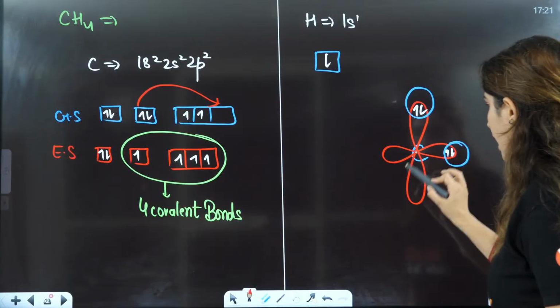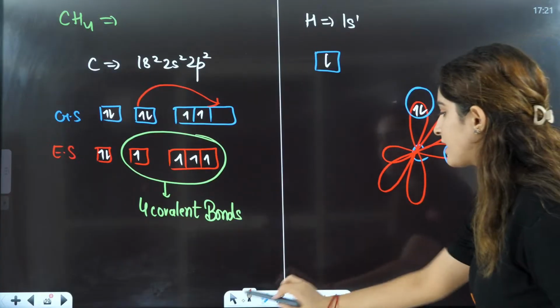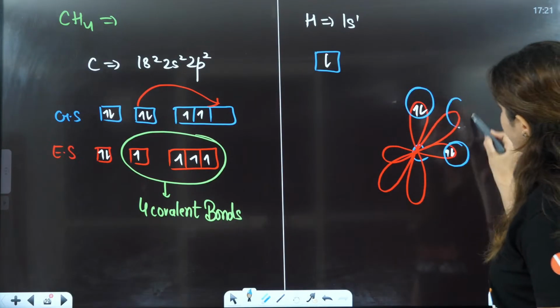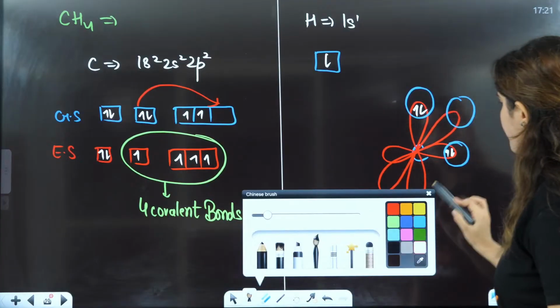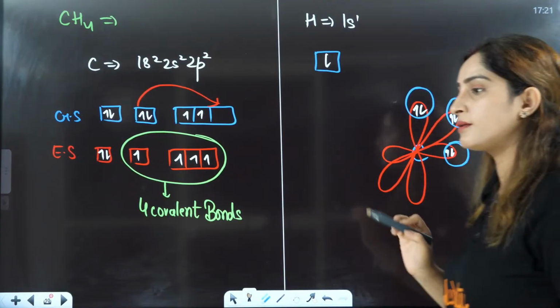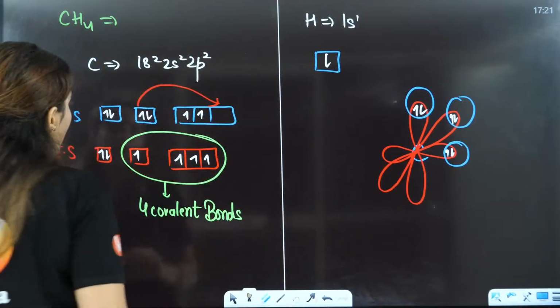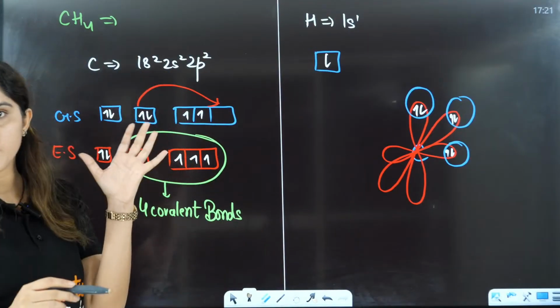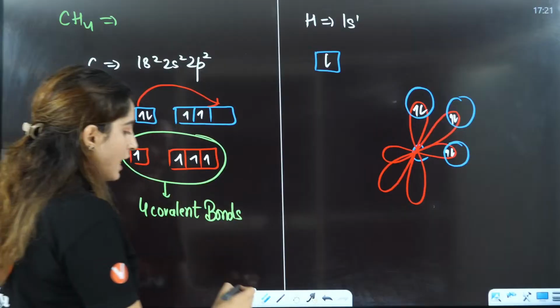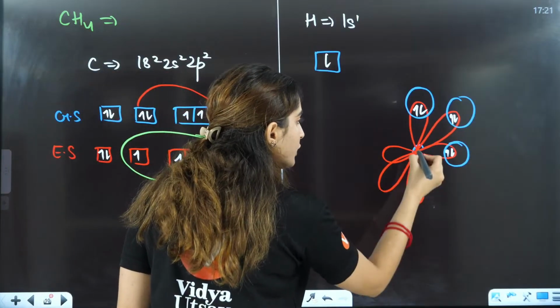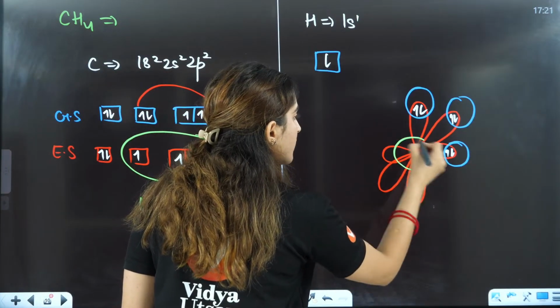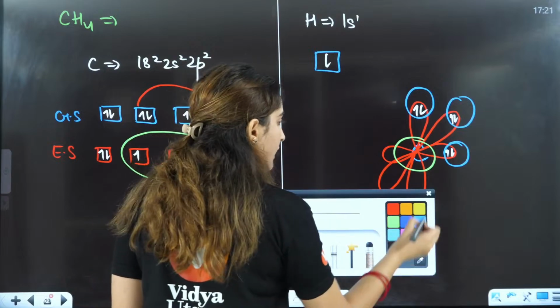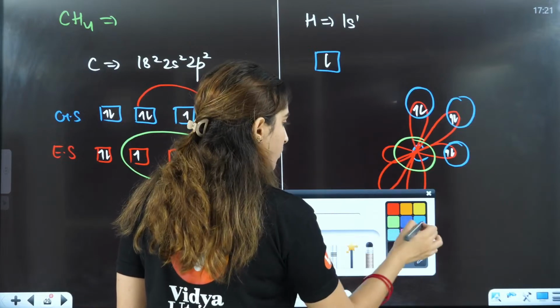Now let's say you have pz. Now this is overlapping with another orbital of hydrogen and it is making the third bond. Now till now I have made 3 bonds of p. I am left with the s orbital. Let's say the s orbital is this one, and that's how it is making one bond.